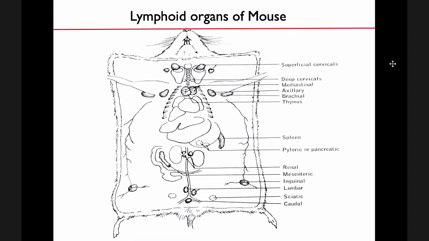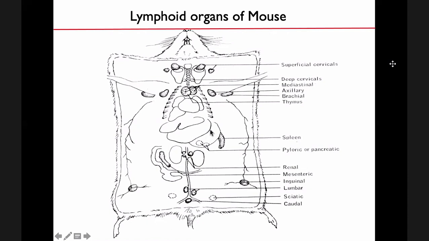If you are doing an ocular infection, your draining lymph nodes are going to be the cervical and superficial cervical lymph nodes, right? And if you are doing a systemic infection, intraperitoneally or intravenously, the response can be measured in the spleen. Okay, so that becomes important depending on what route of infection you are using for your investigation.